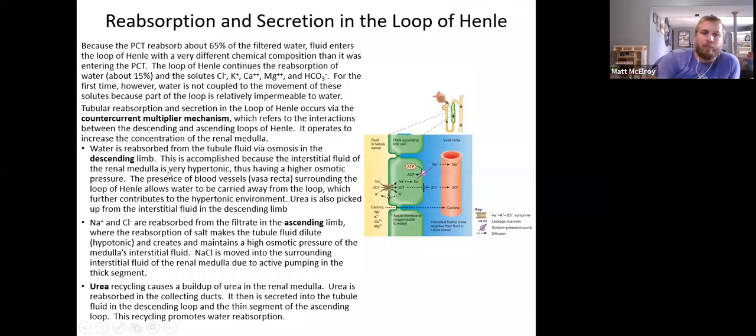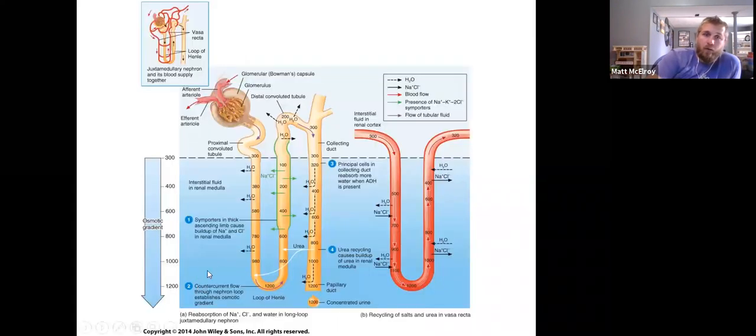We learned about hypertonic, hypotonic, isotonic at the beginning of the semester. We learned that if you drink salt water, for example, your body is going to get dehydrated because your blood becomes very hypertonic. Water is going to try to go places that are really salty. In other words, like in this case, our renal medulla.